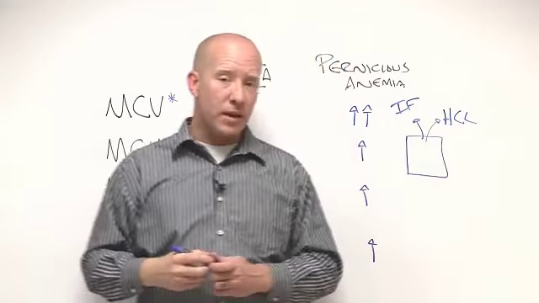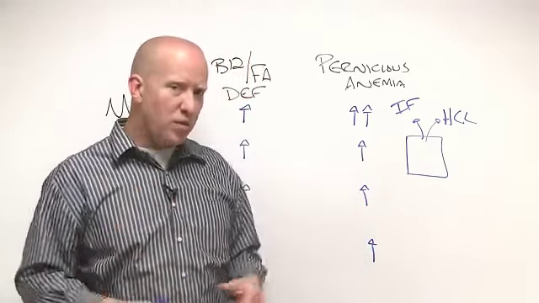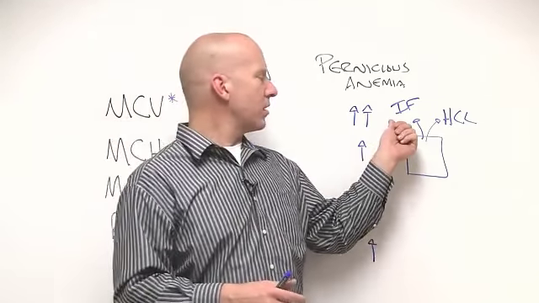The majority of nutrients that we consume, vitamins and minerals, are all absorbed in the first portions of the small intestine, the duodenum and the jejunum. But in the 22 feet or yards of our small intestine, the last part is the ileum, and vitamin B12, once consumed, is bound to this intrinsic factor and taken down the length of our gastrointestinal tract down to what's called the distal ileum, the furthest portion of our small intestine, and then it's absorbed.